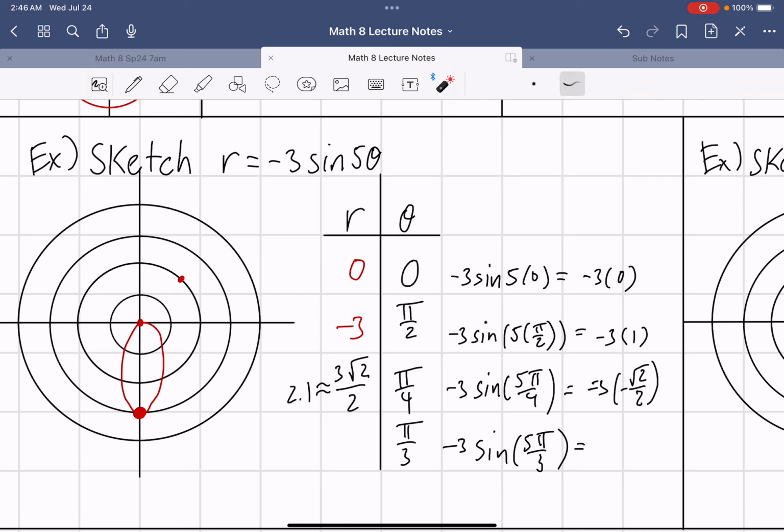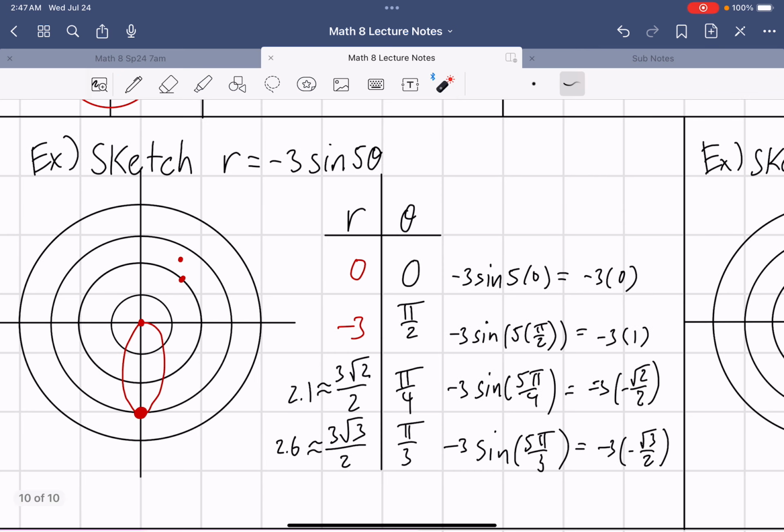And since it's at 5 pi over 3, that's where y is negative. So it's going to be -3 times negative square root of 3 over 2, which will leave us with +3 square root of 3 all over 2. And this is approximately equal to 2.6. So now that we go further out, it goes to 2.6. Right, something along these lines.